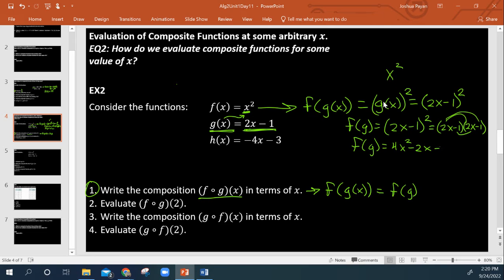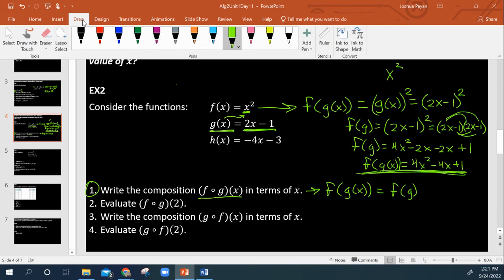Negative 1 times 2x, minus 2x again. And negative 1 times negative 1, positive 1. And we end up with f of g of x simply equal to 4x squared minus 4x plus 1, after we combine like terms.